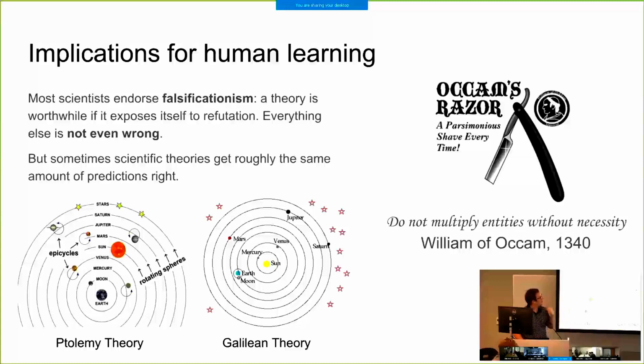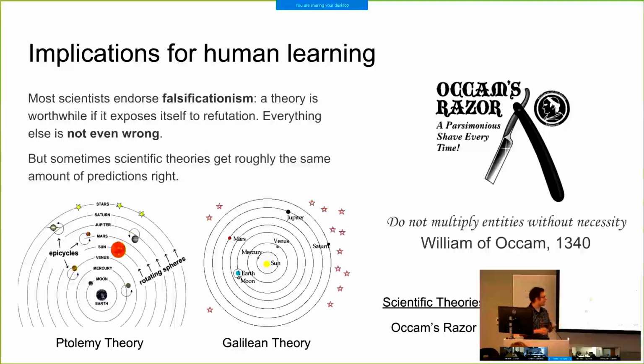This is called Occam's razor. The formal term is parsimony, another word for simplicity. So in science, you appeal to Occam's razor to prefer the Galilean theory. And Occam's razor corresponds to the machine learning concept of avoiding overfitting.